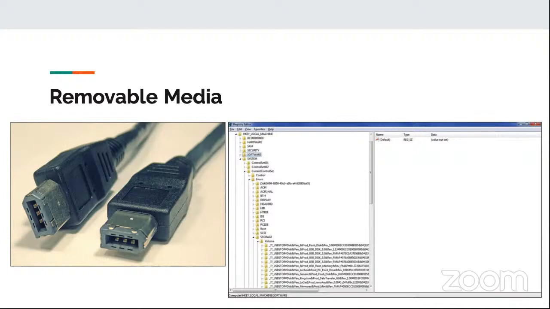A great note to have when doing investigations on a system and having to draw a timeline of when a USB drive was connected or how many times it was connected.